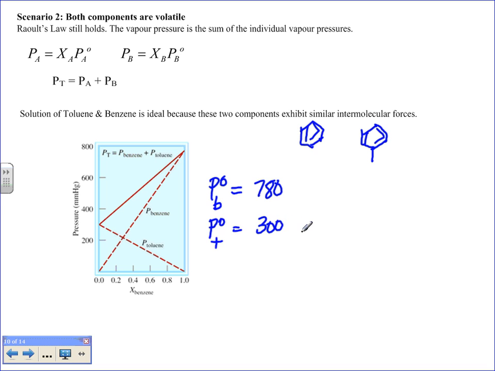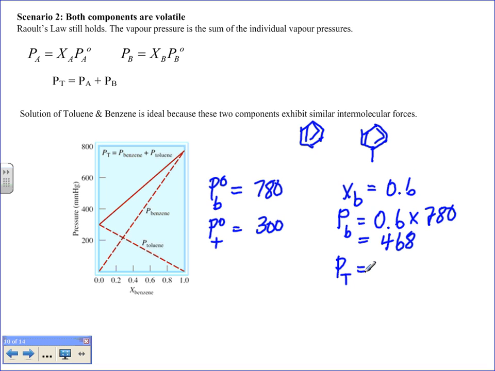Okay, so if we look at a scenario, for example, where the mole fraction of benzene is 0.6, we can actually determine the total pressure and the partial pressure of each of the individual substances. So if the mole fraction of benzene is 0.6, then the pressure of benzene at that point is 0.6 times 780, which is 468.